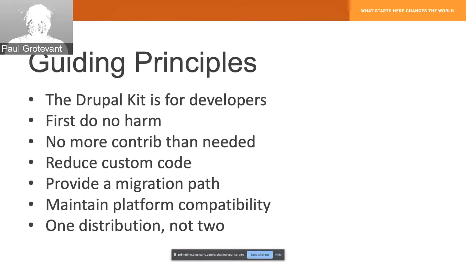Third point was we really wanted to focus our efforts this time on only including contrib modules that are necessary for the functionality we ship. With Drupal 7 versions 1 and 2, we were actually shipping a lot of contrib modules that were not enabled by default, just because they were commonly used and we wanted to make people's lives easier by not having to download those modules.